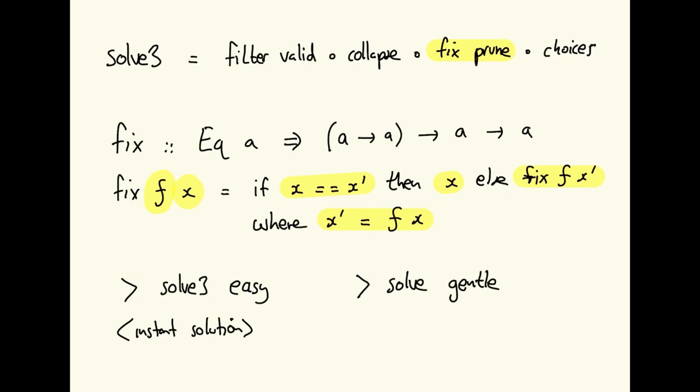And if you try solving with the third Sudoku solver, the gentle grid, it won't terminate anymore. In fact, for the gentle grid, it'll end up exploring about 10 to the 29 grids again. So it doesn't actually work in this case.